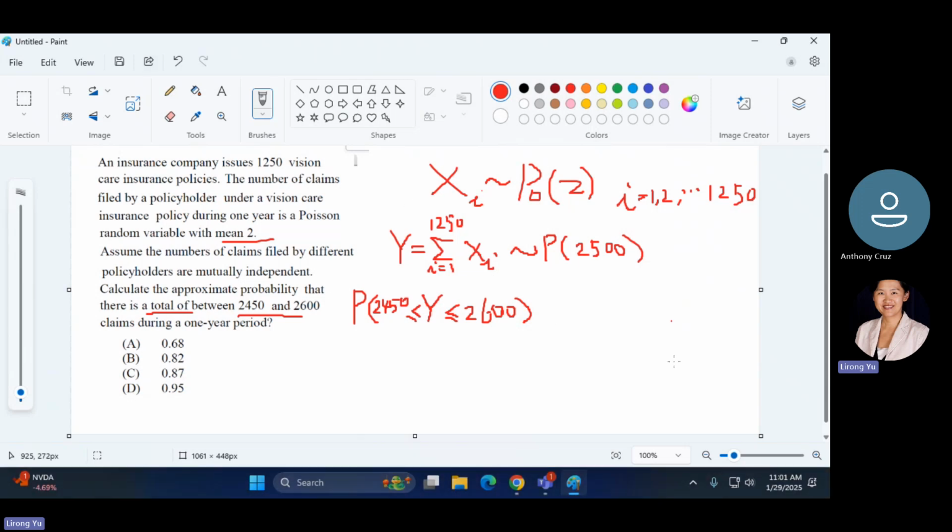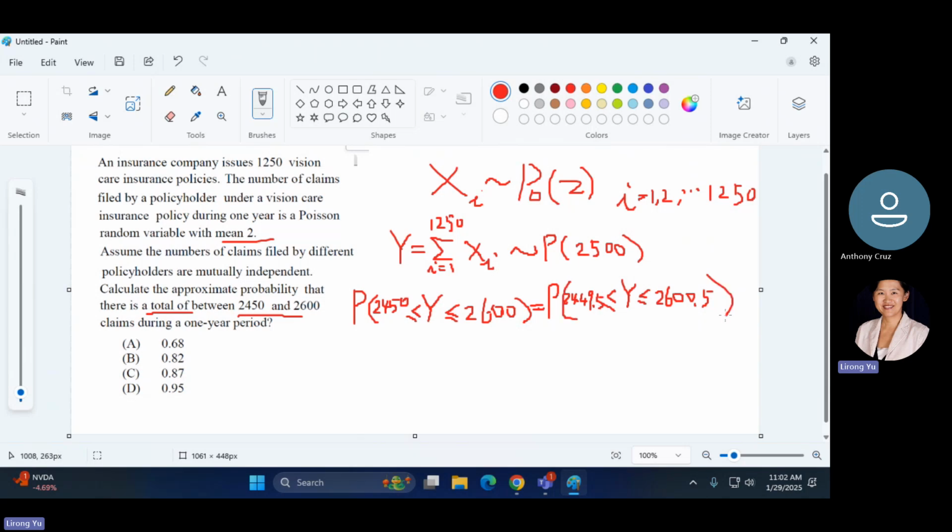Your final answer should be the same anyway, because the size of the number is so large and a 0.5 correction doesn't make much of a difference. But nonetheless, we would make Y between 2,449.5 and 2,600.5.